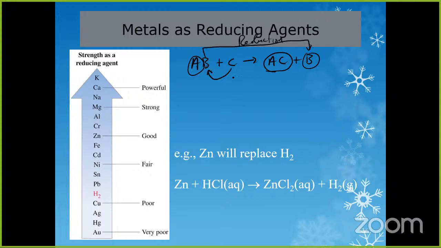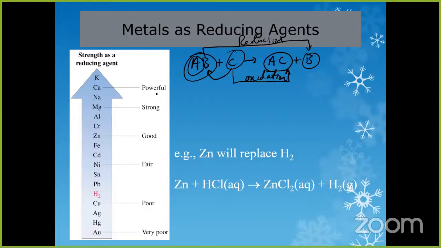And C undergoes oxidation, all right? And we're going to see some examples of this shortly, all right? So the question now becomes, how can we predict such a reaction? If you're given, let's say, a compound AB and you add C to it, will this reaction take place? And that's where this activity series comes into play, all right?